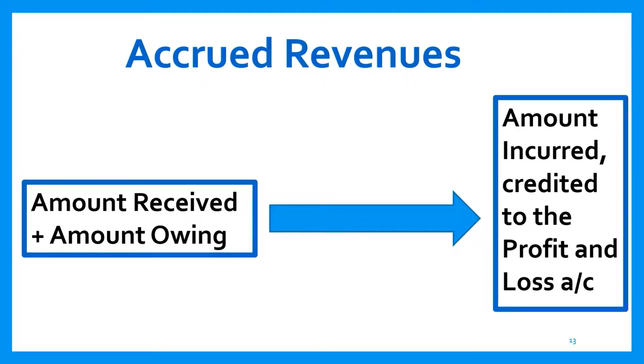Accrued revenue is income that is already earned. The service had been delivered. That revenue must be included in the profit and loss account. The revenue owing must be added to the amount that was already received.